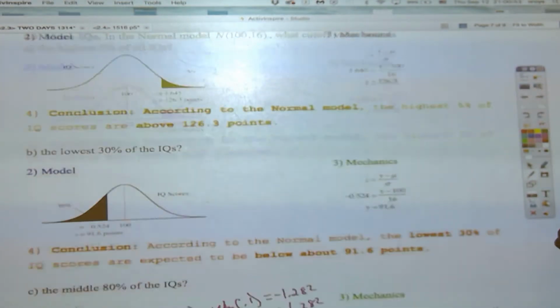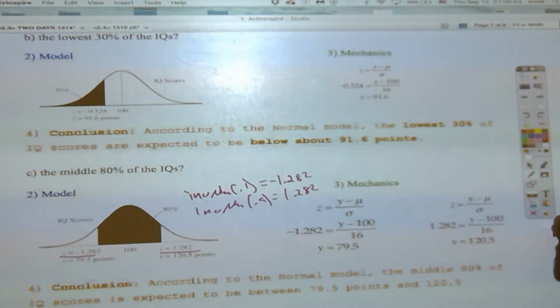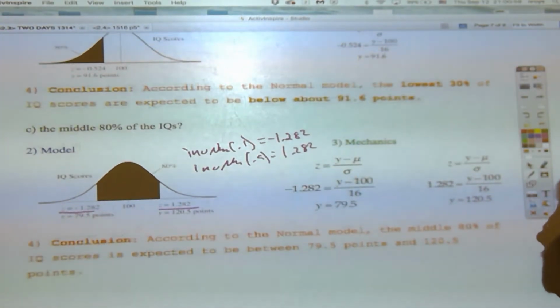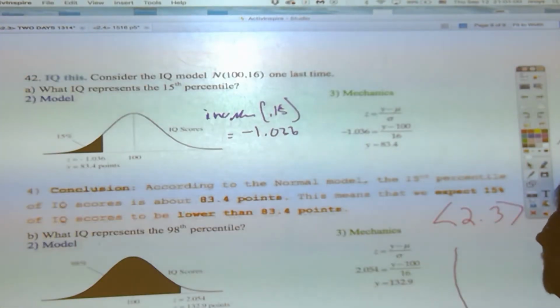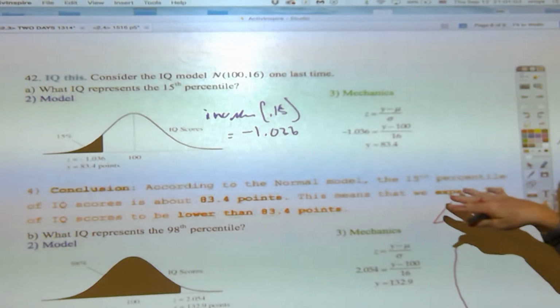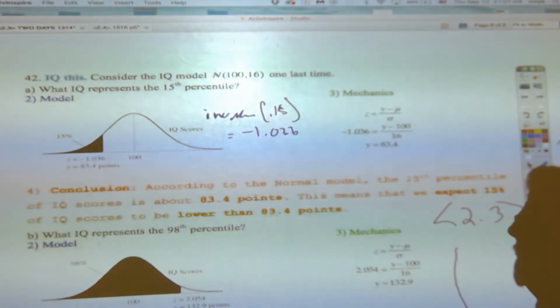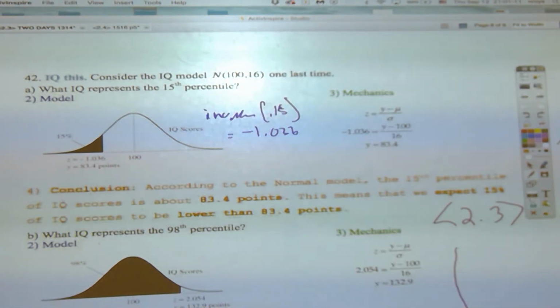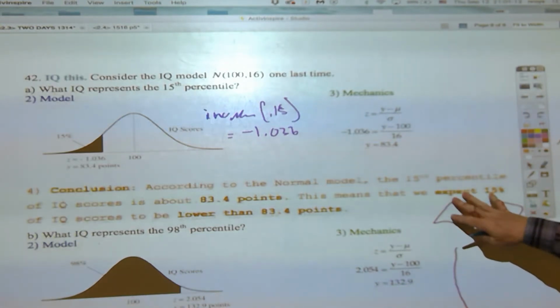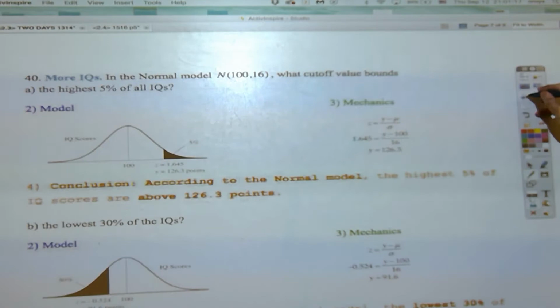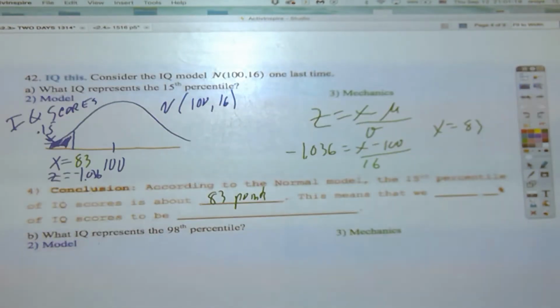Here it is. Next page. This means that we expect 15% of IQ scores to be lower than 83.4 points. Yep, that's what they had in mind. So the answer was 83.4.